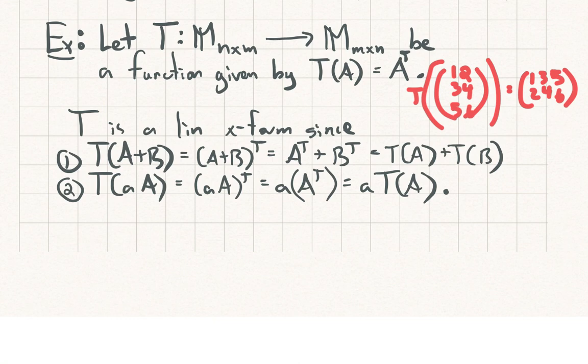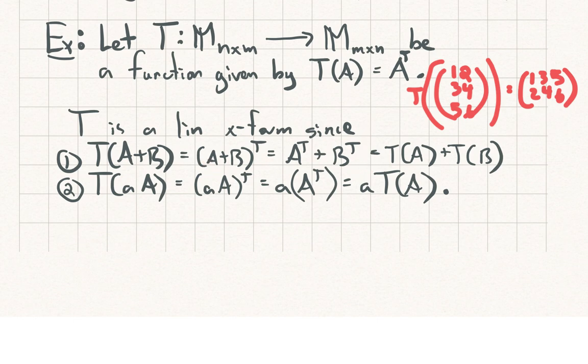If you remember from your first linear algebra course, transposition is really nice in that if you add matrices and then take the transpose, it's the same thing as transposing each matrix and then adding them together. Because the transpose behaves like that, we call that behaving linearly.